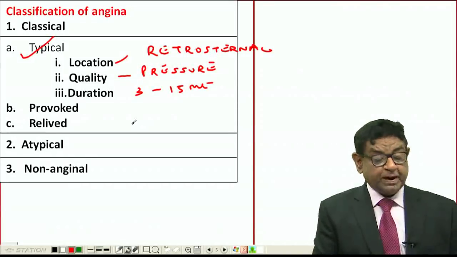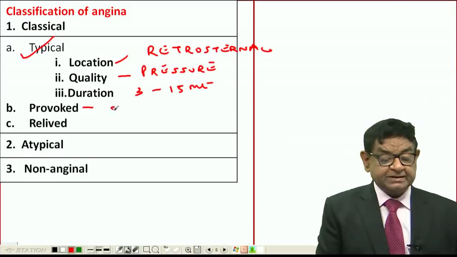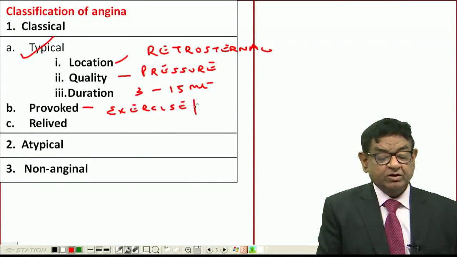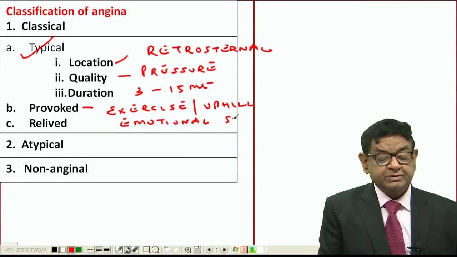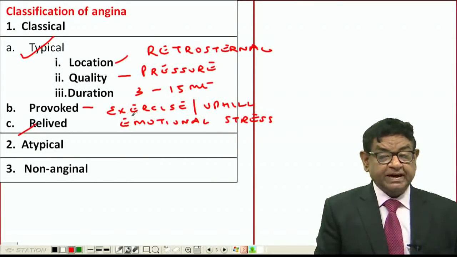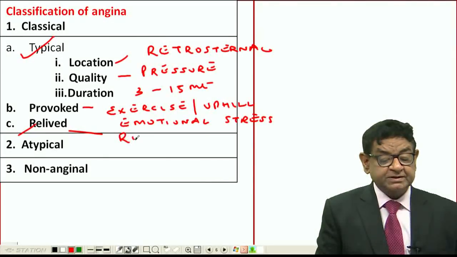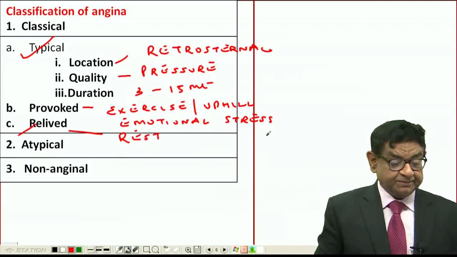Now it is provoked by anything which lead to increased heart rate, like exercise or going uphill or sometimes emotional stress. They are the provoking factor. And pain is relieved classically by rest. This is the typical of angina.